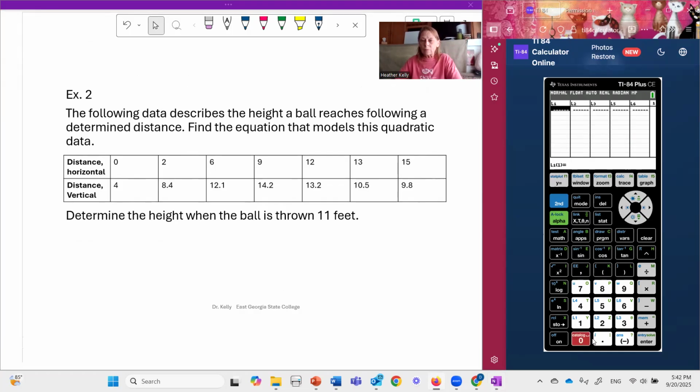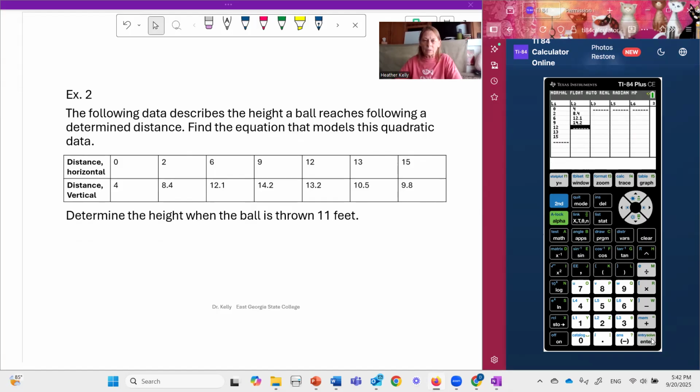So we have 0, 2, 6, 9, 12, 13, and 15. Okay, and then here we have 4, 8.4, 12.1, 14.2.